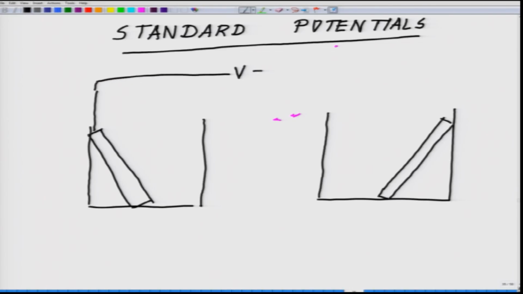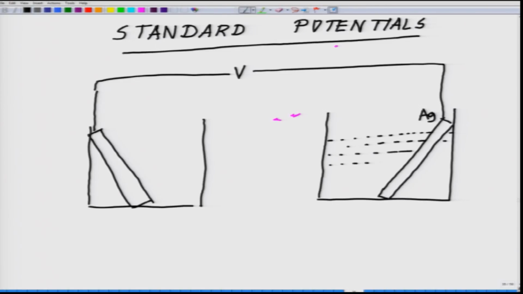You have the voltmeter, and here is the connector. The silver is sitting in a solution of AgNO3, and from here we will build up our story.